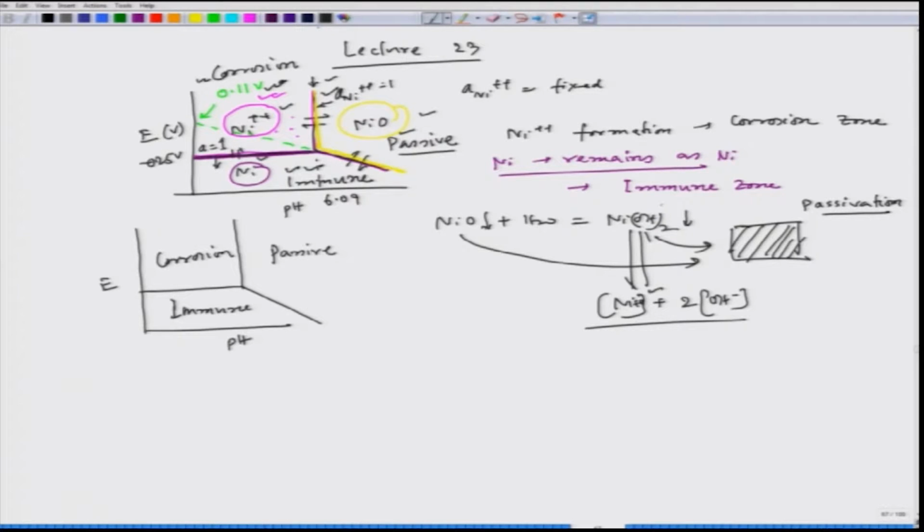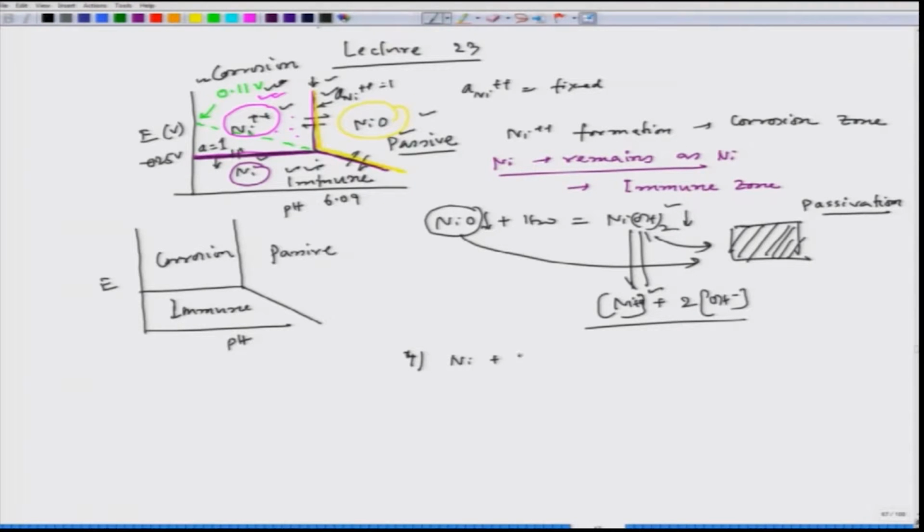And coming to this particular phase, since we have done the calculation on the basis of chemical potential of NiO, we can also have the same plot if we consider NiOH. So, that time we have to take 2 more equations. That time we will not consider NiO formation.